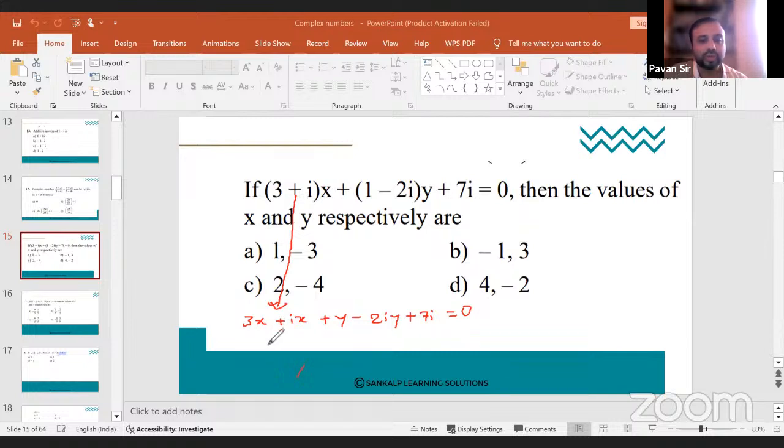Now you try to solve this. Fast students.